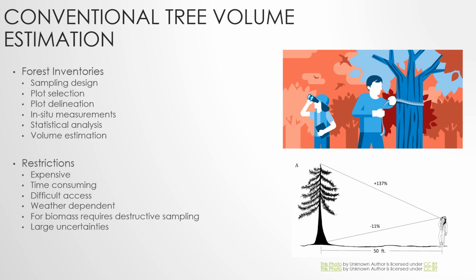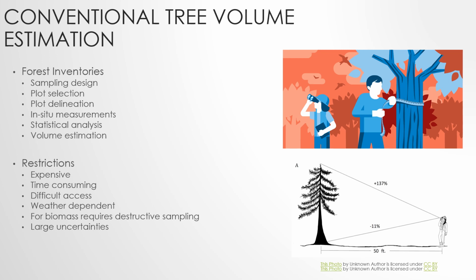So as I was saying, this all relies mostly on very expensive and time-consuming data collection in the field, which basically relies on a sampling design because, of course, you cannot estimate the volume of each tree in a forest. So once you define your sampling design, then you need to select your plots, and then you need to go into the field and install the plots.